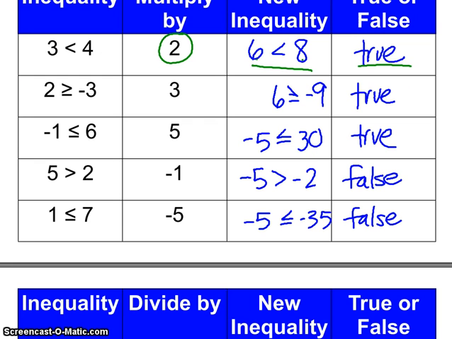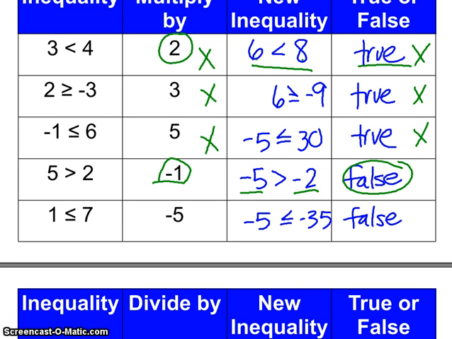However, if you take a look at this one, if I were to multiply both sides by -1, I'd have -5 and -2, and my inequality would state that -5 is greater than -2, which we know is false. So when we have the positive numbers, we notice the answer is always true, but when I have the negatives, it becomes false.